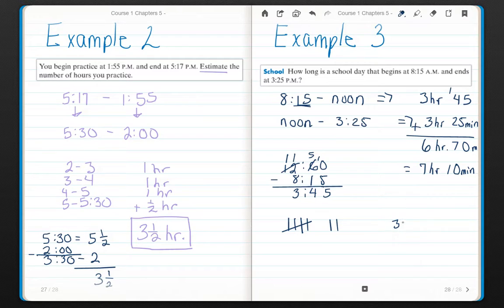And then from 3:15 to 3:25 is 10 minutes. So I counted a total of 7 hours. These each represented my hours. 7 hours and 10 minutes. We come up with the same answer as we did doing the math.